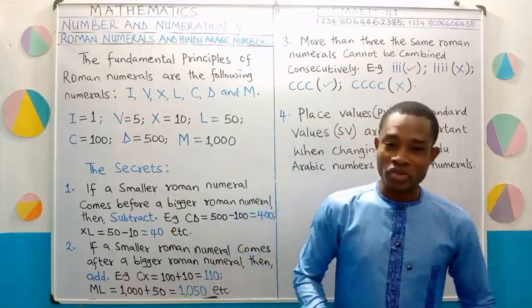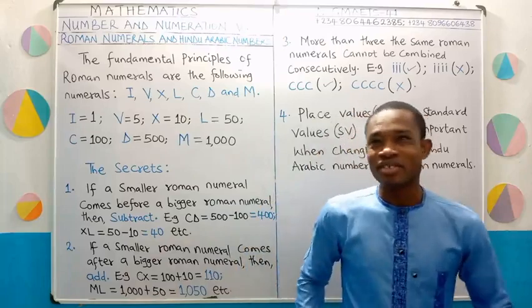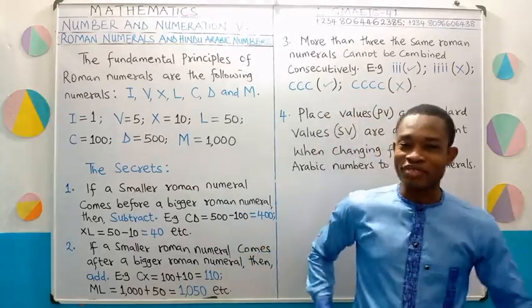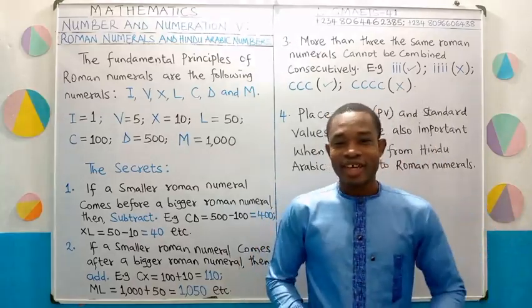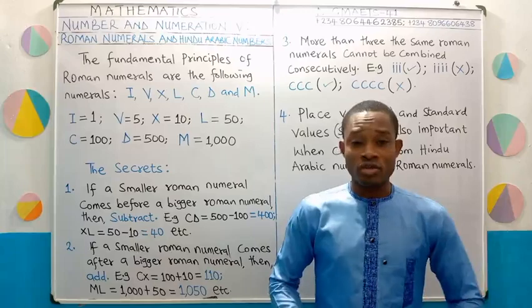The Romans, when you talk about the Romans, think of the country Italy. They make use of that form of counting, and we can count in Roman numerals as well.